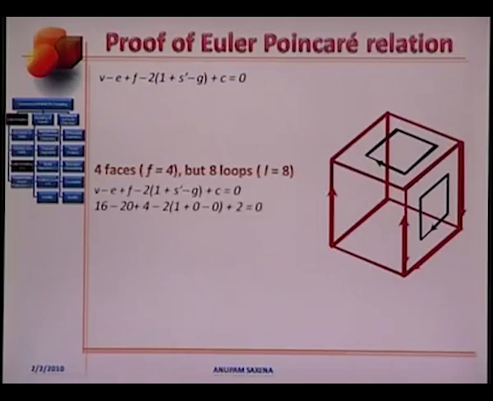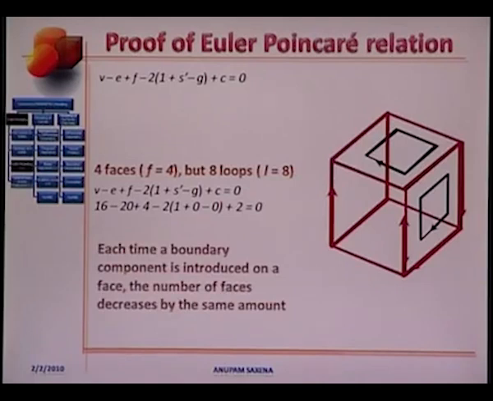We now have 16 vertices, 20 edges, 4 faces, again no interior shell S prime, no handles, and now we have 2 boundary components. So C is 2.